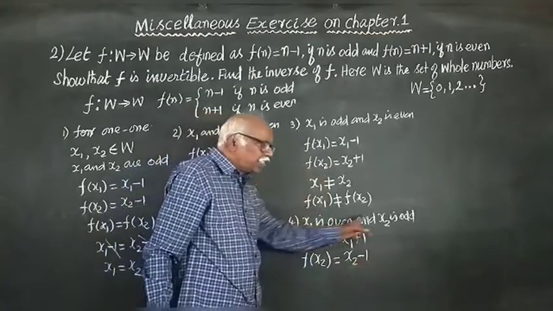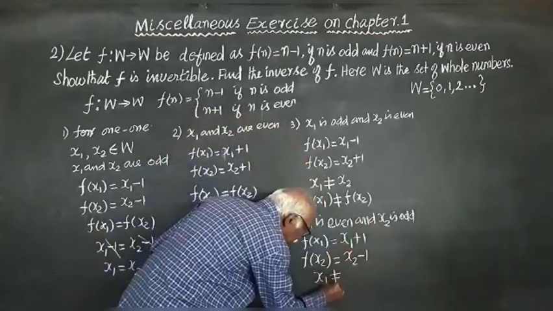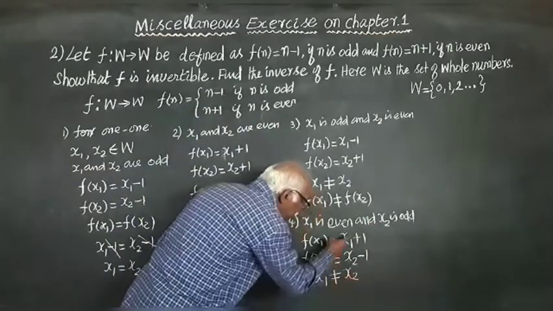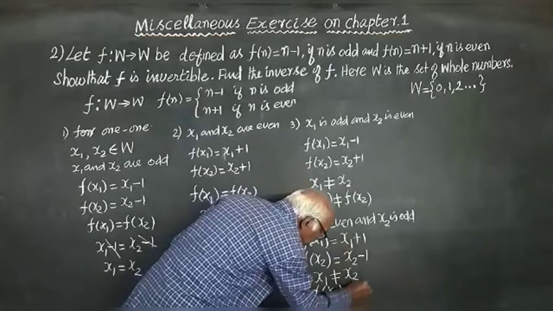An even number is not equal to an odd number, therefore x1 not equal to x2, and f of x1 is not equal to f of x2.